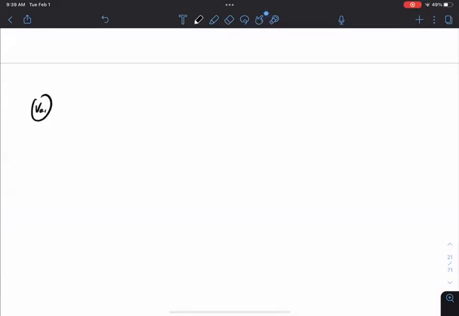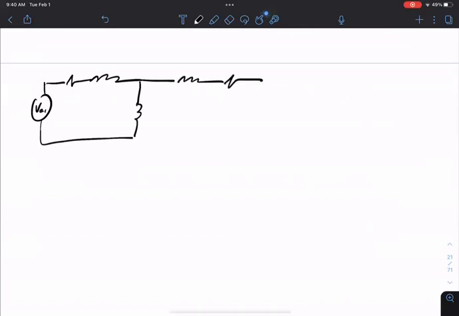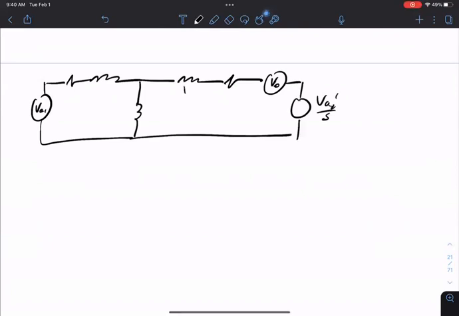So this is our VA1, R1, X1, XM, the developed voltage, our VA2 prime over S here, X2 prime, R2 prime, IM, X1, R1.